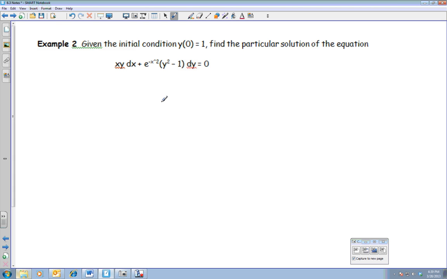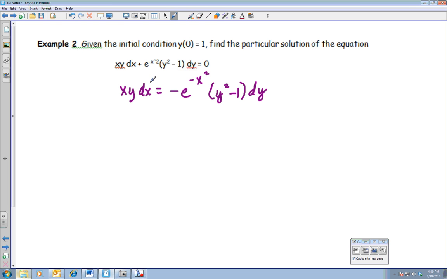My hint here is, anytime I have something that's being added, I'm probably going to want to put that over on the other side. So my first step I would do is x, y, dx equals, and I'm going to subtract this whole thing, minus e to the negative x squared, y squared minus 1 dy.